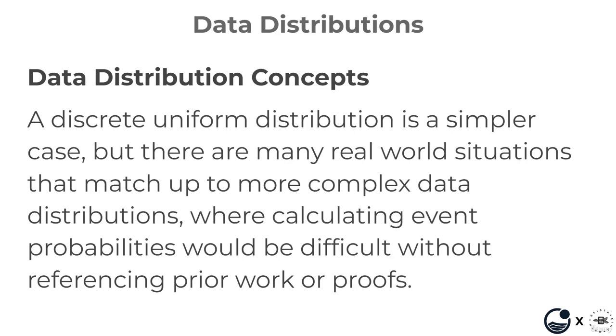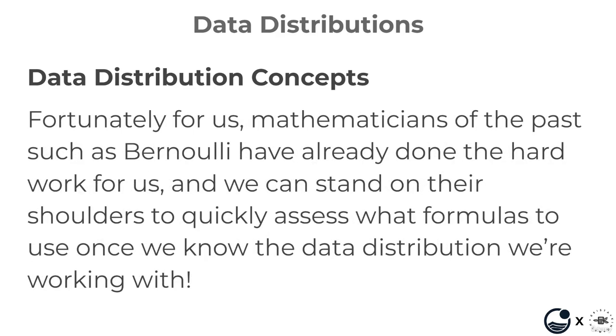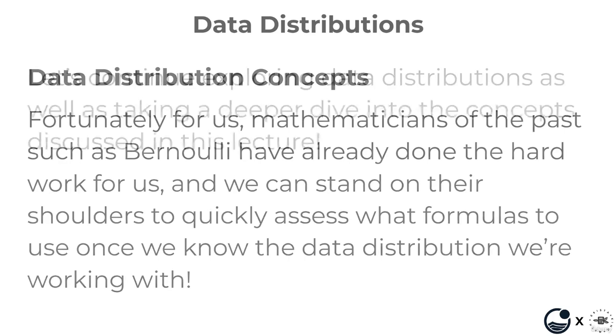That way, we already can connect real-world data sets to theoretical data distributions, and then we can match up the properties. So again, fortunately for us, mathematicians of the past, such as Bernoulli, have already done the hard work for us. We can stand on their shoulders to quickly assess what formulas to use once we know the data distribution that we're actually working with.